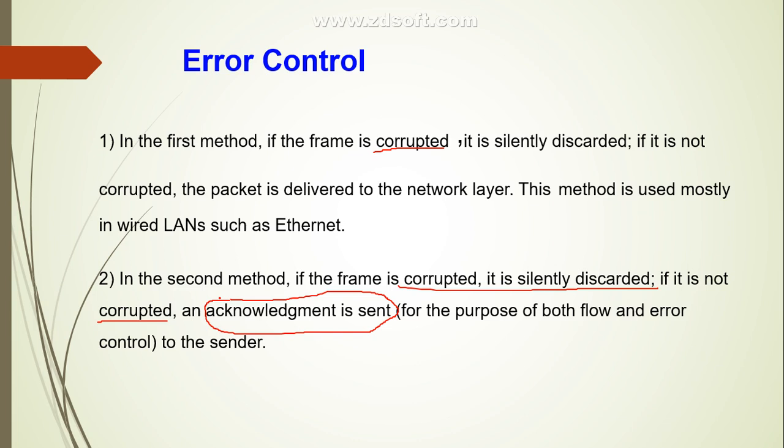Whereas if we do not send the acknowledgement, then there may be a problem in the sent frame. So a frame that carries an acknowledgement is normally called an ACK, an acknowledgement frame, which we are going to study in the next lecture, to distinguish it from the data frame.